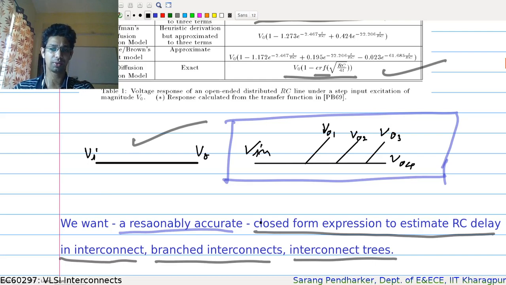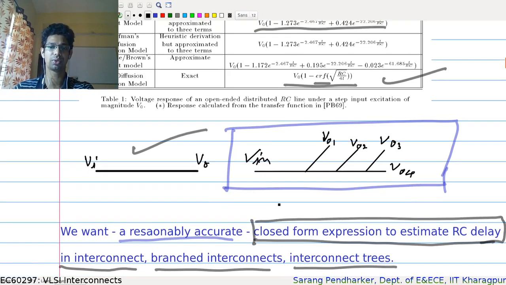Remember that what we want is simple, closed form expressions. I don't want to go for full wave simulations or solving a differential equation. If I have an interconnect branch like this, I can solve the diffusion equation numerically, but that would be time consuming, and I don't want that.